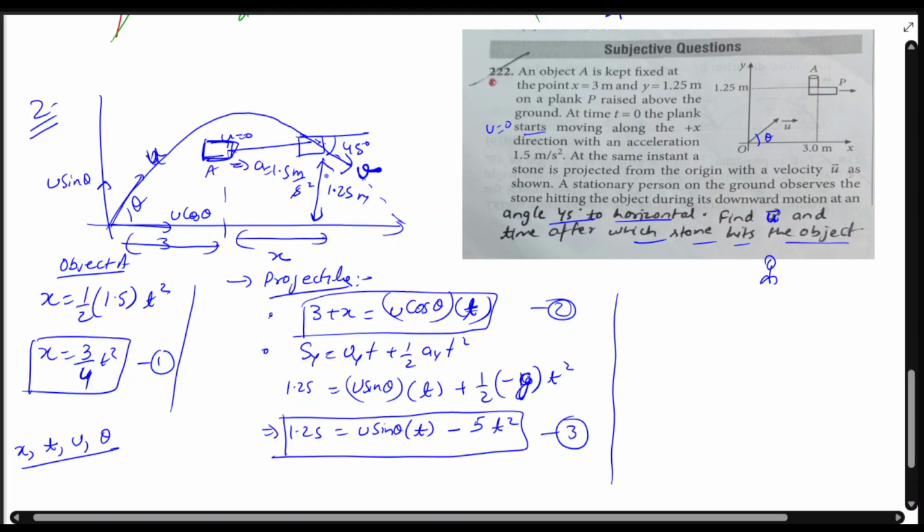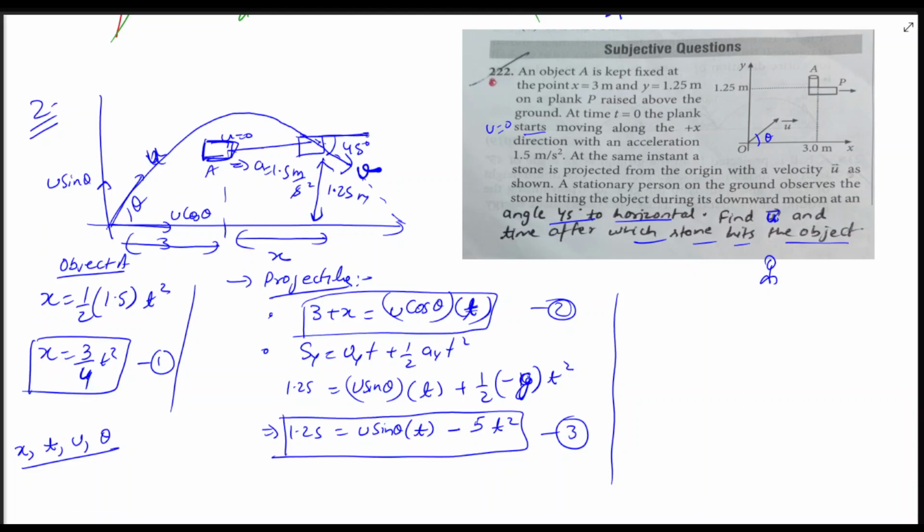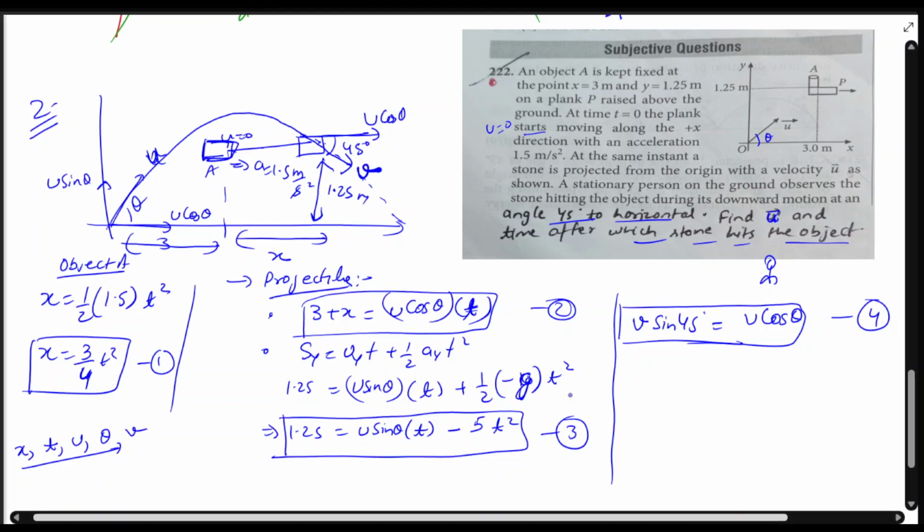Look, this is v, and the horizontal component here is always u cos theta. So for horizontal we can write v sine 45 equals u cos theta. This is our fourth equation, because in horizontal there is no acceleration. But due to this we have another variable, v, so we need another equation. We can write the first equation in y: Vy will be Uy plus Ay t.